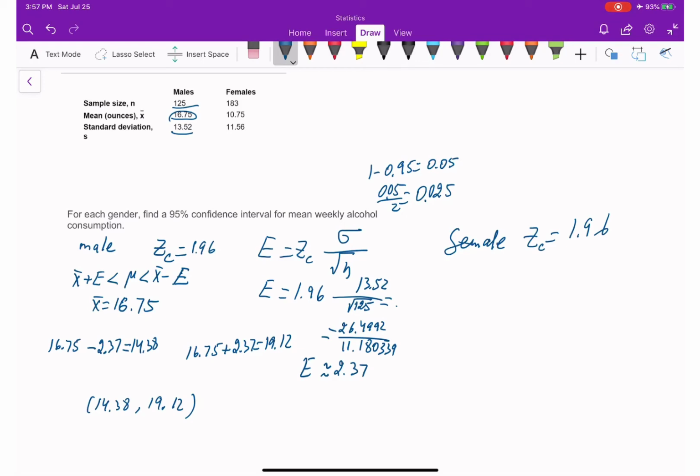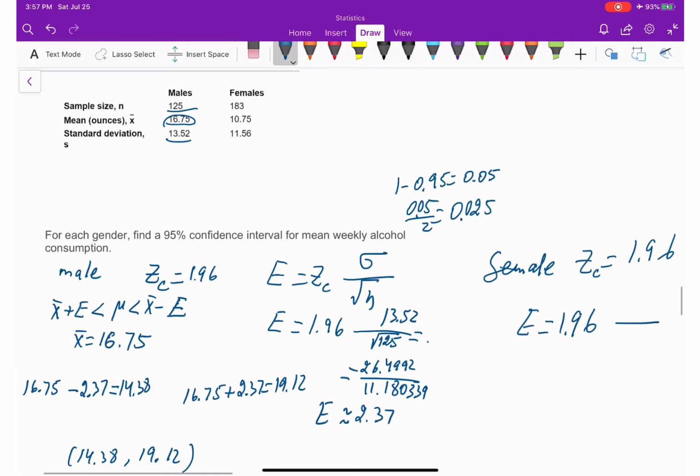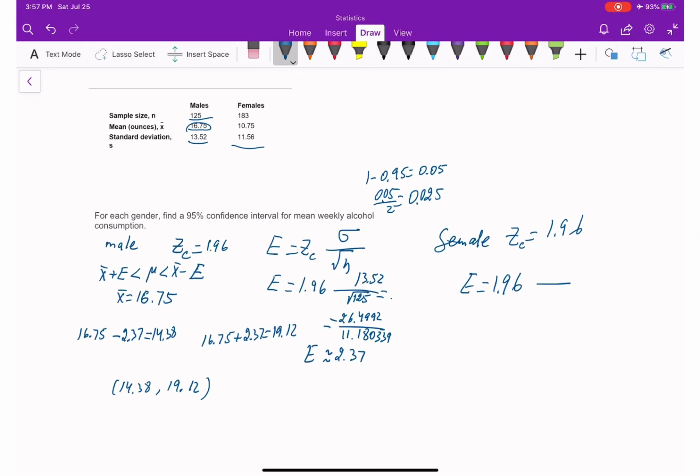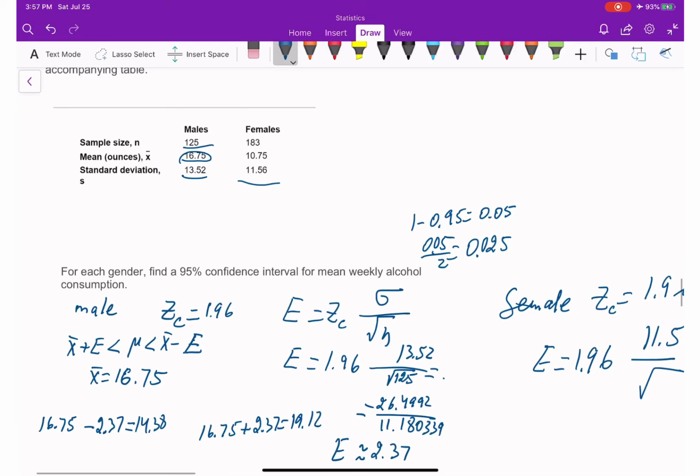And what do we have here? Margin of error is going to be Z critical 1.96 times sigma for female, our standard deviation here, 11.58, and divide by square root of sample size, which is 183.